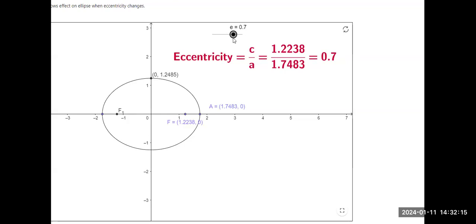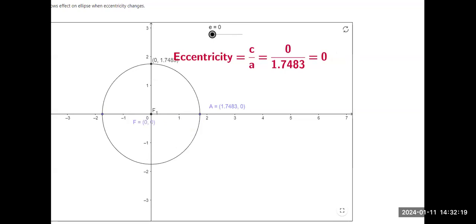And then what happens when E is 0? This sounds like a Cody answer. Never mind, it sounds like a Georgia answer. When E equals 0, it's a circle.